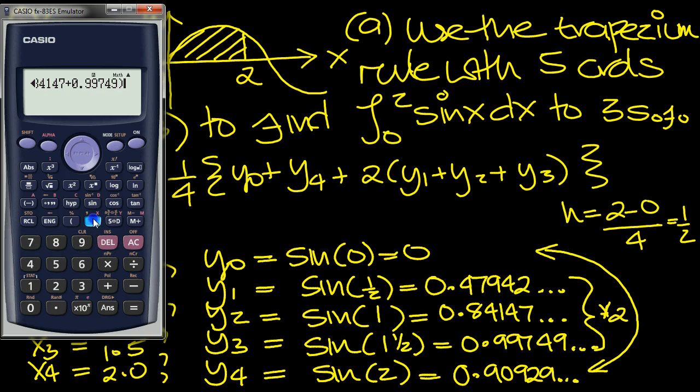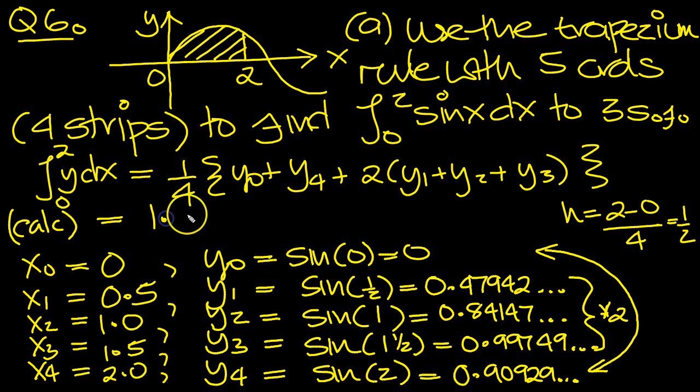Close that bracket, then close the bracket at the end, equals, now it's equal to 1.386, so that's 1.39, isn't it, to 3 significant figures. 1.39, and that was to 3 significant figures.